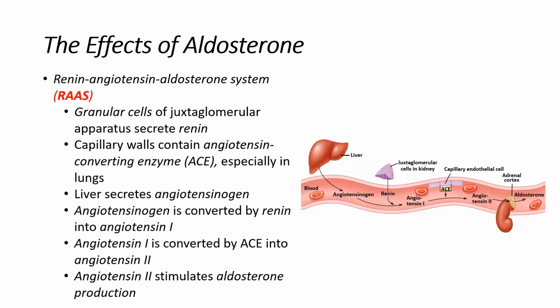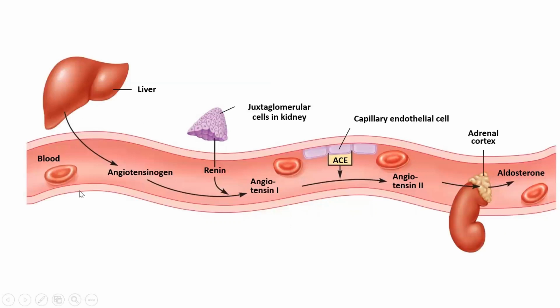This is a cascade of events happening under the influence of renin from the JG cells of the juxtaglomerular complex, as well as the influence of ACE from the capillary endothelial cells. Okay, let's describe that one more time.